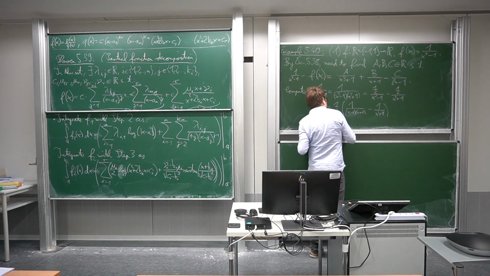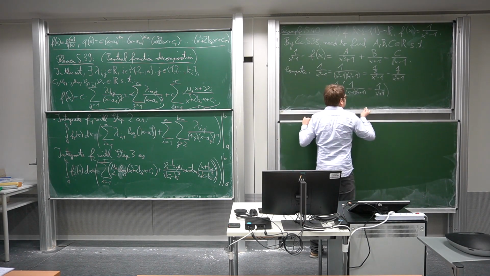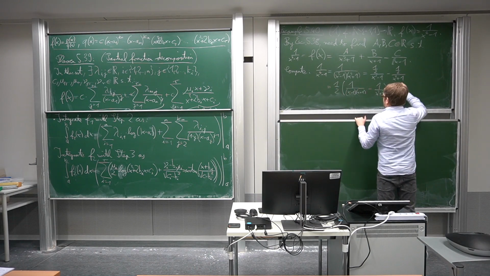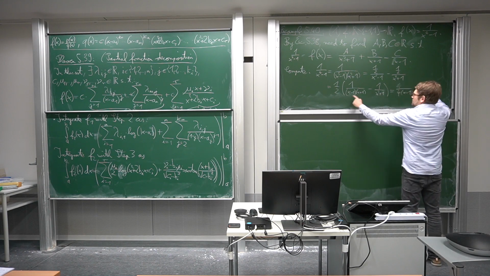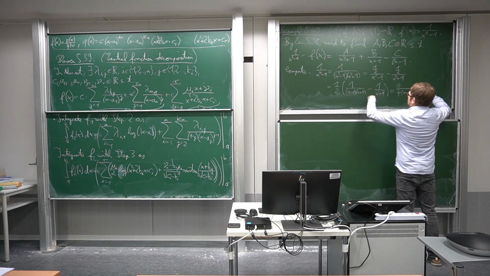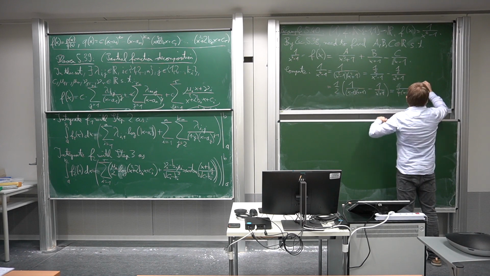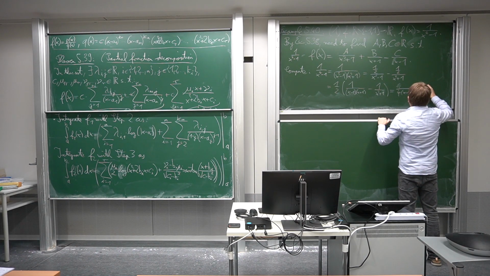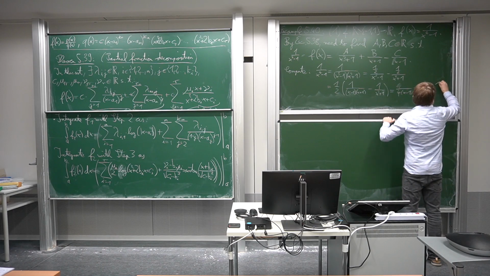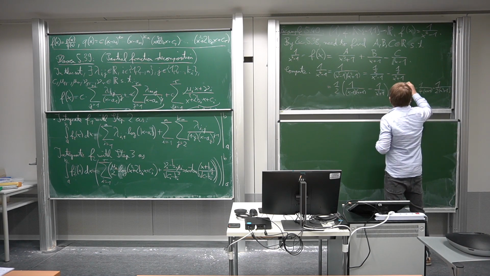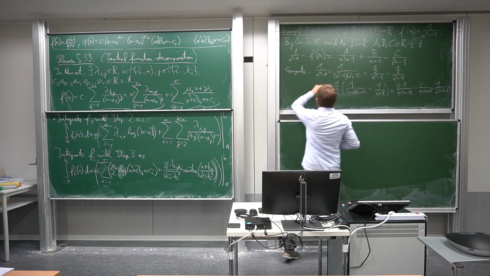Again, we have this decomposition of 1/2 and 1/2, and finally get that this is 1/4 times 1 over x minus 1, minus 1/4 of 1 over x plus 1, minus 1 over 2 times x squared plus 1. So this is the partial fraction decomposition of the function 1 over x to the 4 minus 1.